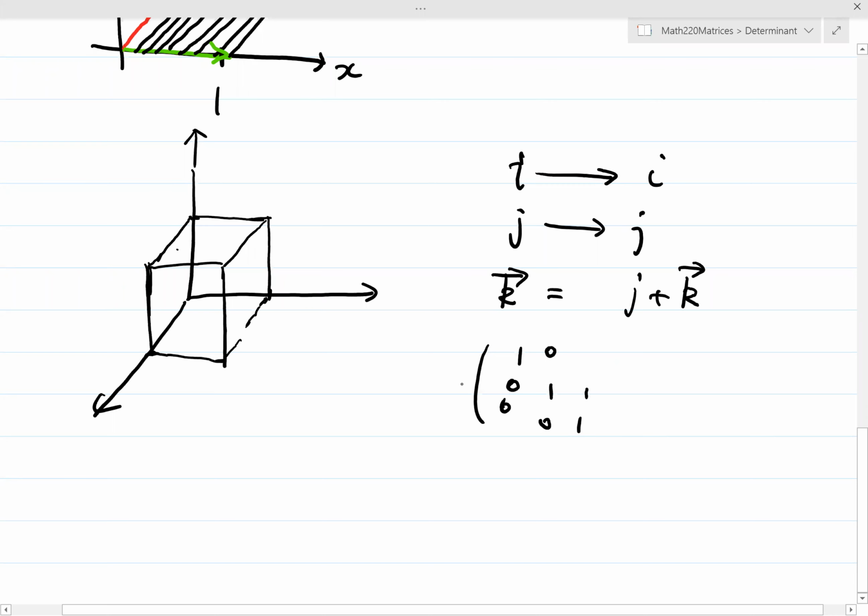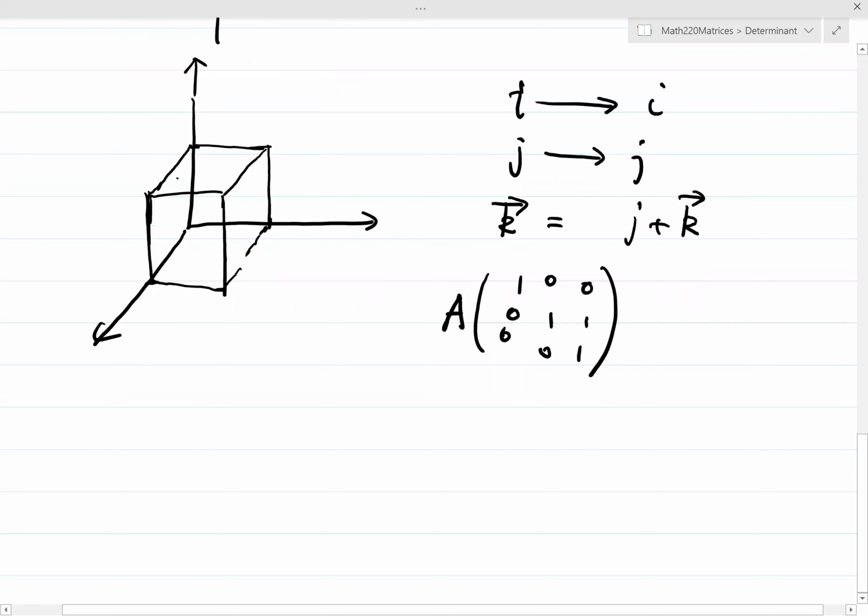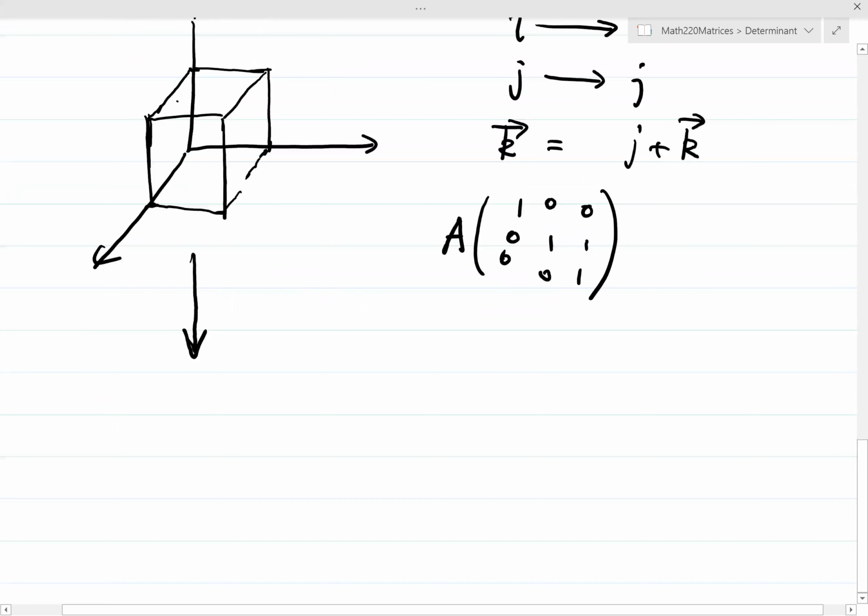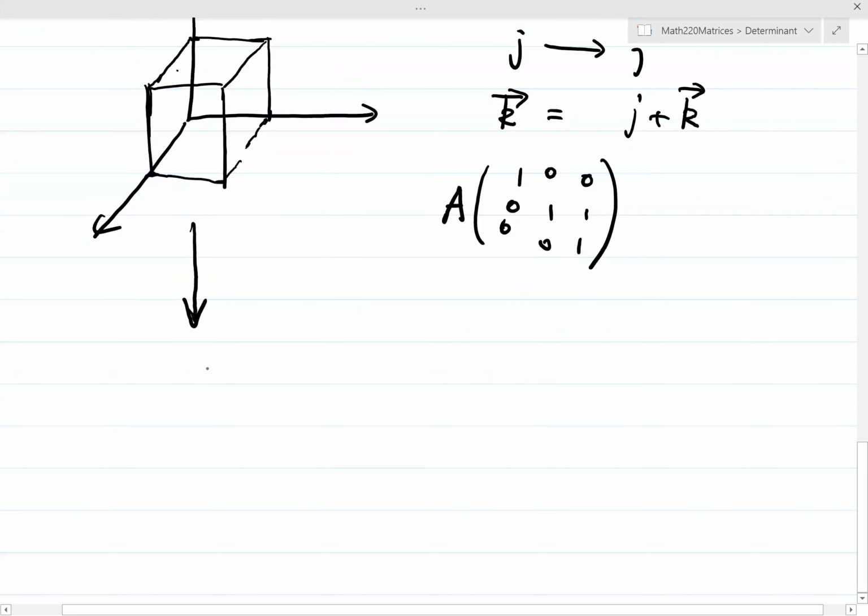Now under this matrix A, we don't have a perfect box. We have a parallelepiped. So it will look like this. So X and Y are fixed, but Z is now changed. Okay, so XY is fixed here.